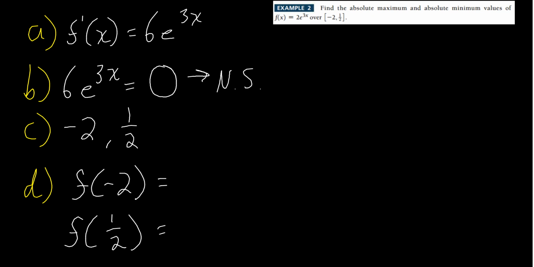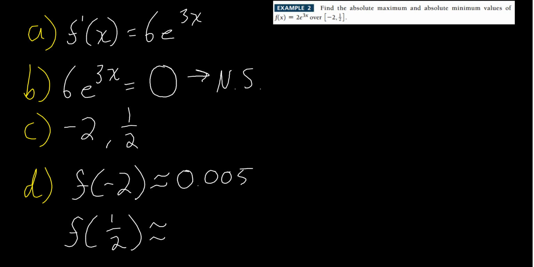Okay, so let me put this into the handy dandy calculator. All right, so 2e to the 3 times -2. So we're going to get about, let's change these to abouts, little squiggly equal signs, about 0.00, and we'll round that up to a 5.